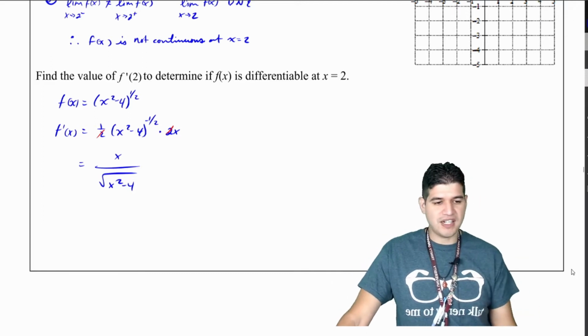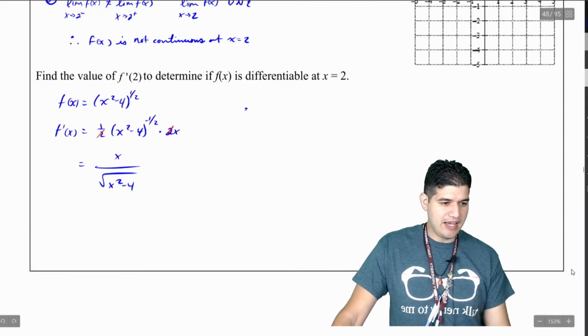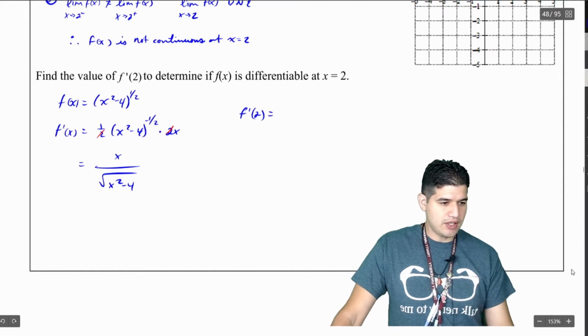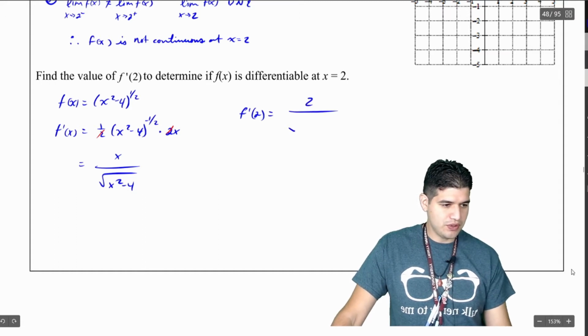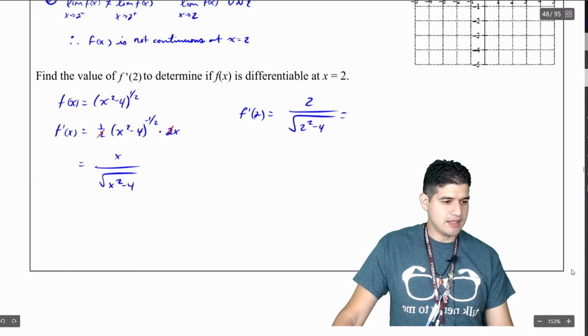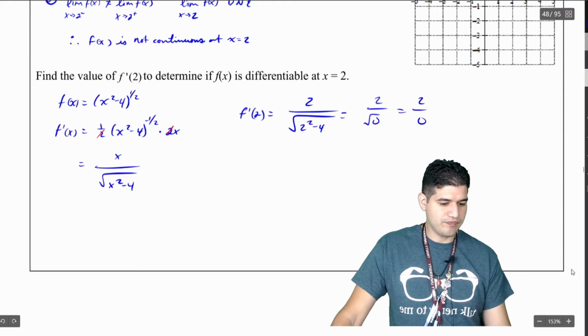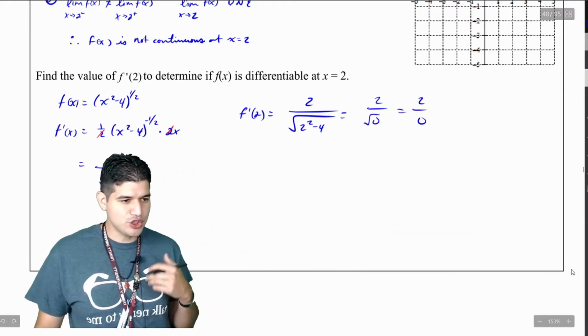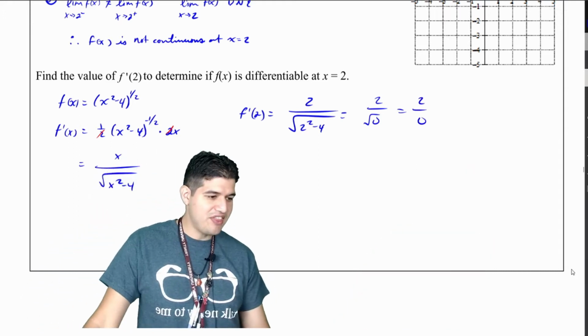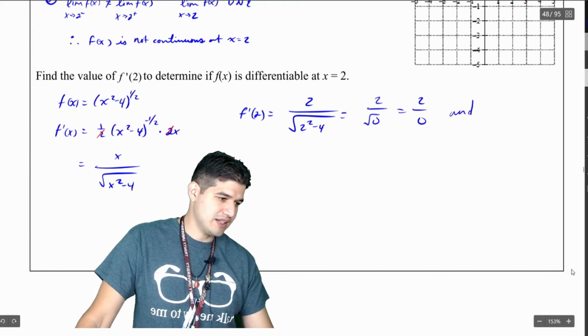We want to find this at f prime of 2. So I'm going to substitute 2 in: 2 over the square root of 2 squared minus 4, and that's going to get me 2 over the square root of 0, which is 2 over 0. And 2 over 0 is undefined.